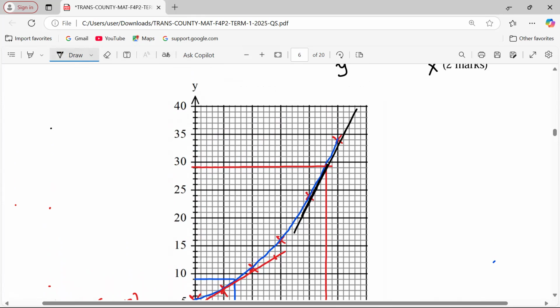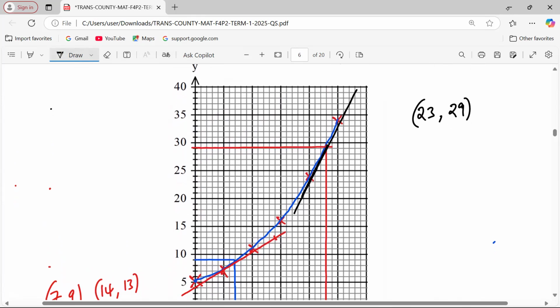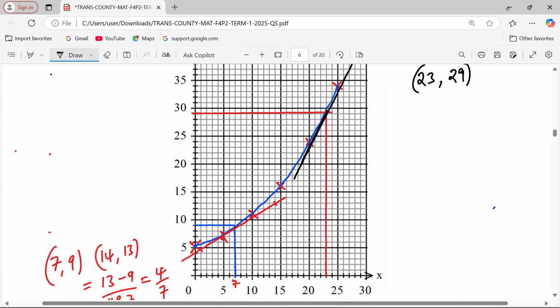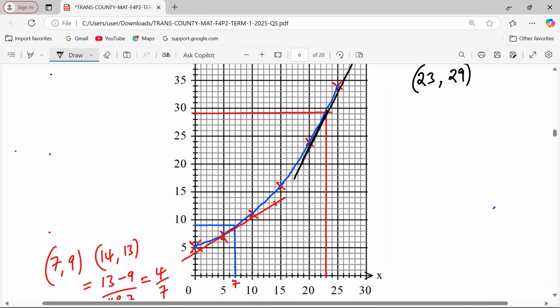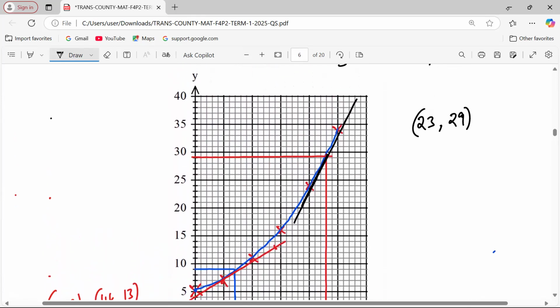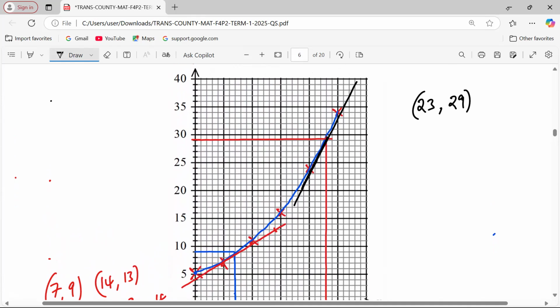We get (23, 29), and we use another coordinate which is on the tangent drawn, not on the curve, on the tangent drawn.